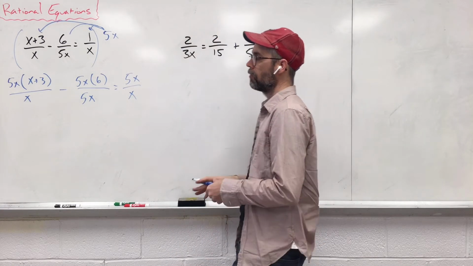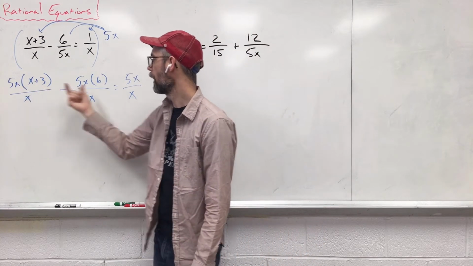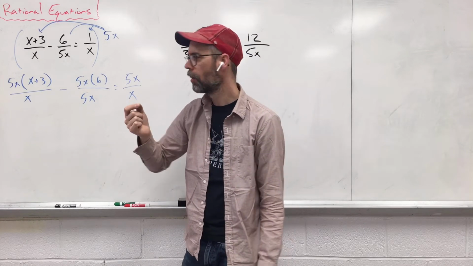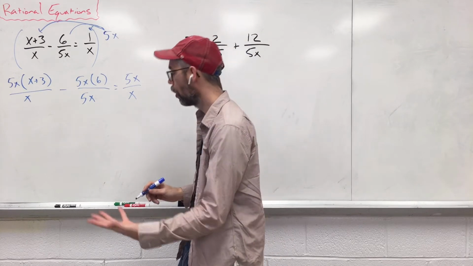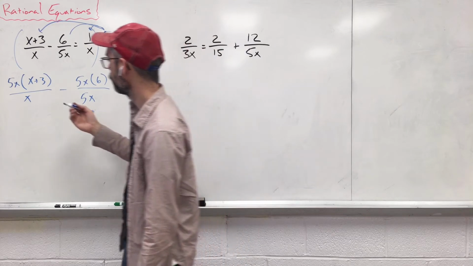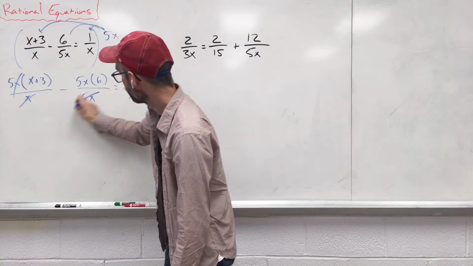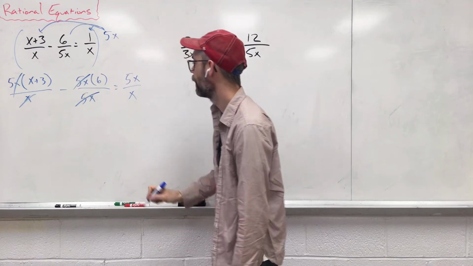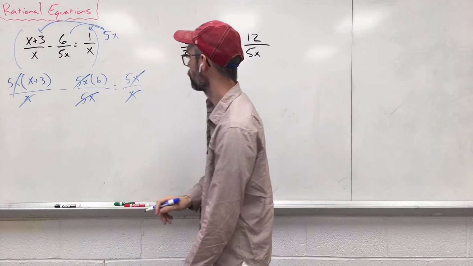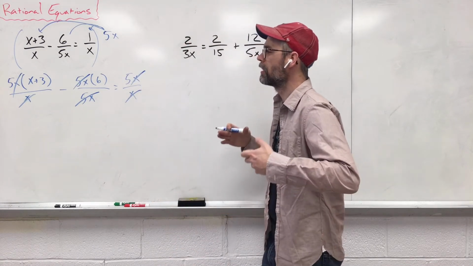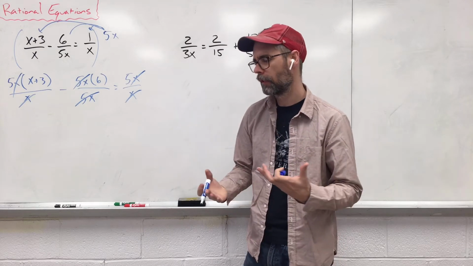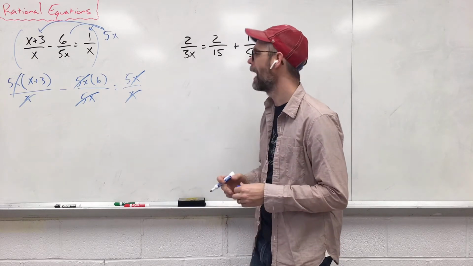Now, once I do that, I could multiply these together, but I don't want to because things are going to cancel for us. That x disappears with that. This 5x disappears with that 5x. That x disappears with that. So we just set up a problem to cancel all the denominators out.